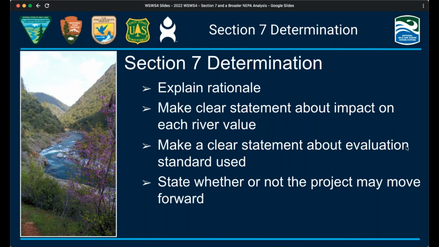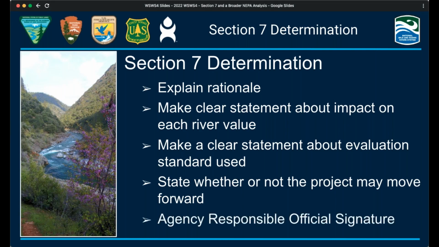The determination should clearly indicate if the project may or may not move forward, and should contain a signature line for the approving official with title and date.